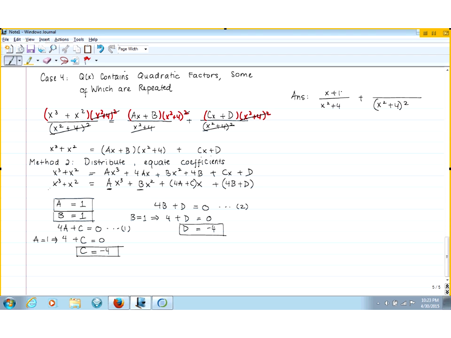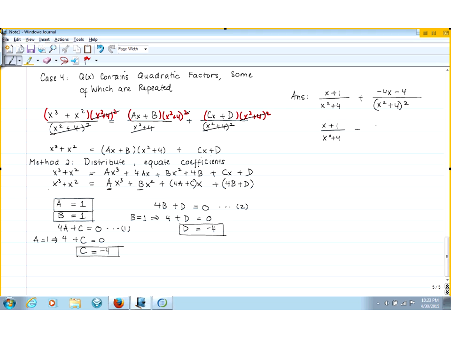Now the other one is cx plus d, so negative 4x minus 4 over x squared plus 4 squared.